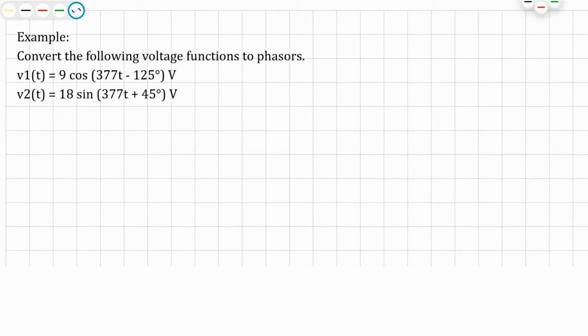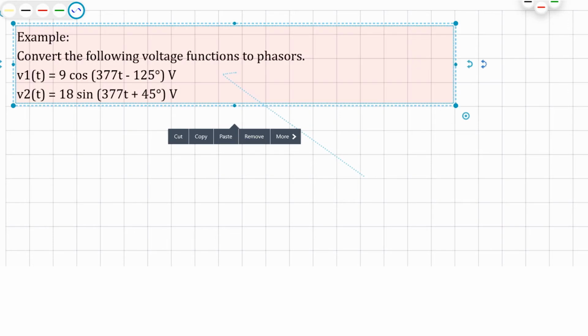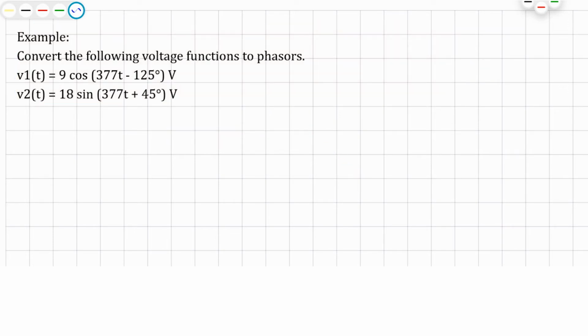We want to convert these functions to phasors. We remember that the phasor is defined based on the cosine function. So for V1 directly, the phase angle is negative 125 degrees. So V1 phasor is expressed in terms of 9 as the amplitude, and the phase angle is negative 125 degrees, in volts.